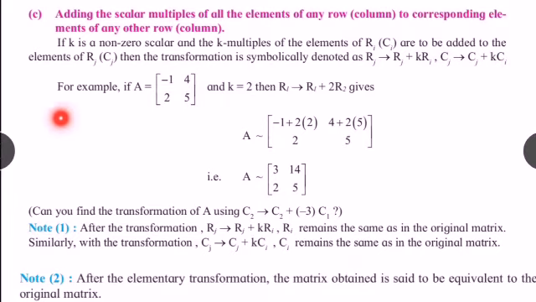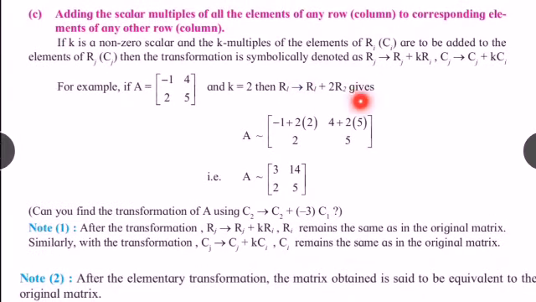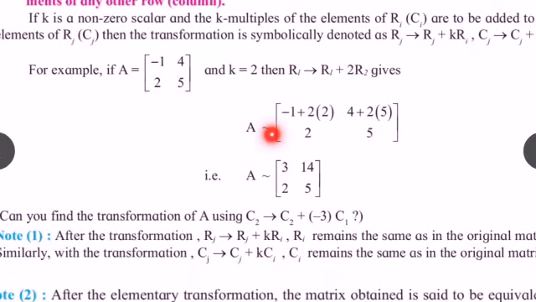For example, if matrix A is [minus 1 4; 2 5], this is of order 2 by 2, and k equal to 2, then R1 implies R1 plus 2 into R2 gives: minus 1 plus 2 into 2, 4 plus 2 into 5.